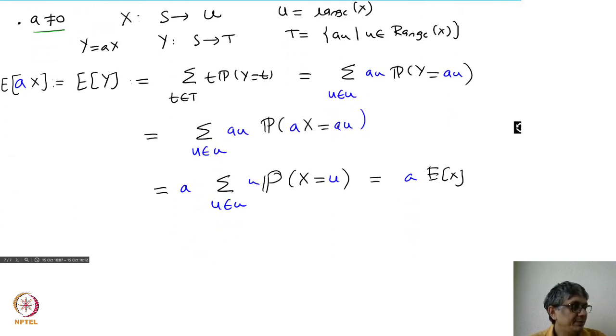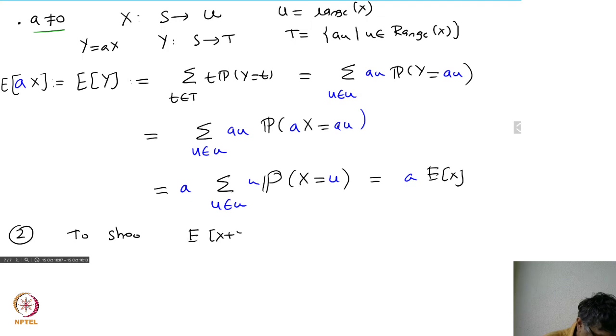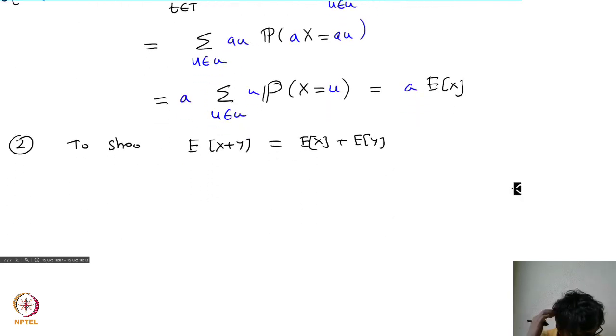The next part is a little bit tricky, you have to be a little bit careful, even though it's again a simple part. So now in the second part, you want to show E of x plus y is the same as E of x plus E of y. So how do you understand the expression on this side?